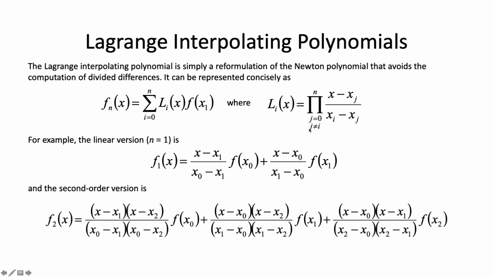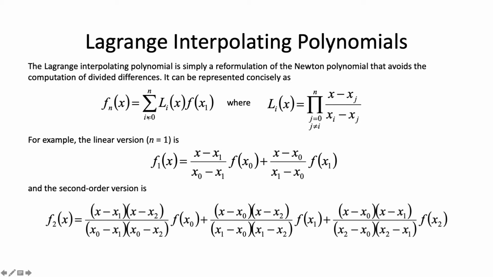Since i must not be equal to j, then we don't start with j equals 0. Instead, we start with j equals 1, so that the first term is x minus x1 divided by x naught minus x1. But since the product ends at j equals 1, then we only have this term, which is exactly what is written here: x minus x1 divided by x naught minus x1.